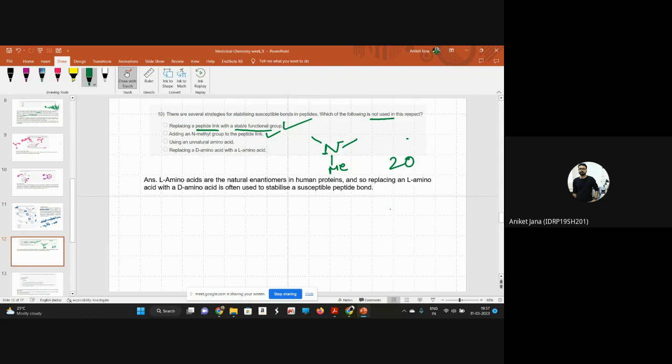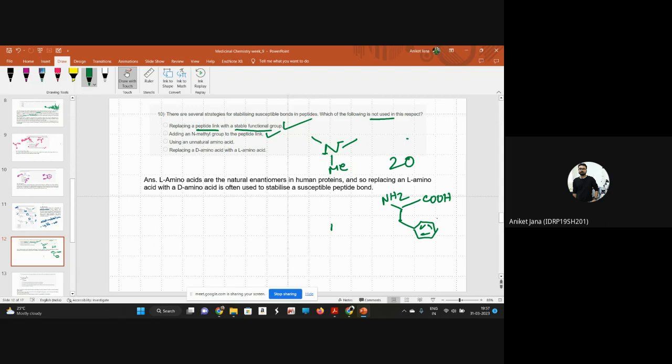You all know the amino acid phenylalanine. So, what is an example of an unnatural amino acid? In the case of alanine, only a CH3 group is there, and in the case of phenylalanine, instead of one hydrogen, a phenyl ring is there.